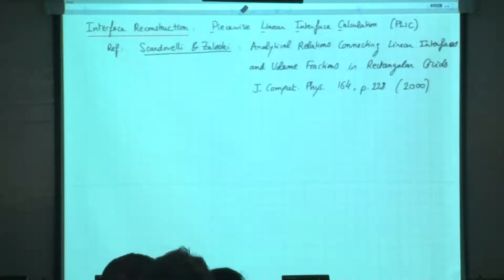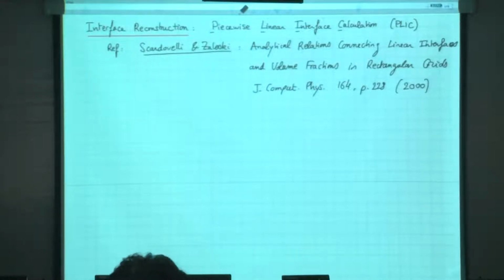So our goal now is, given a transported volume of fluid, I want to know where the interface is located so that I can then conduct this geometry transfer.